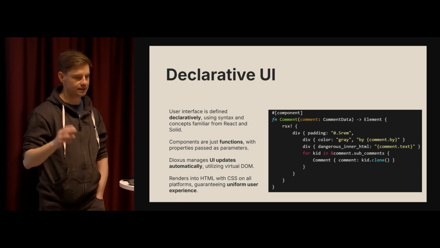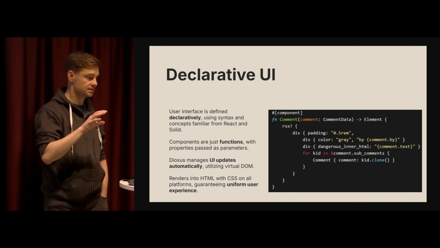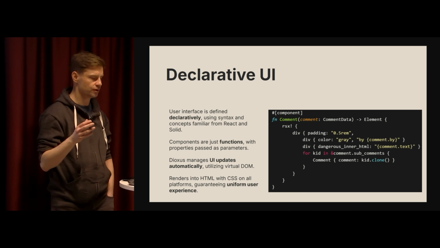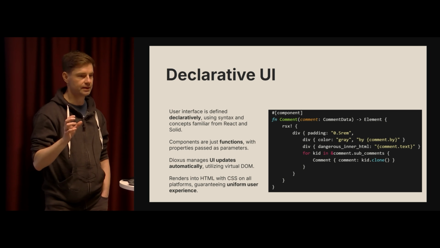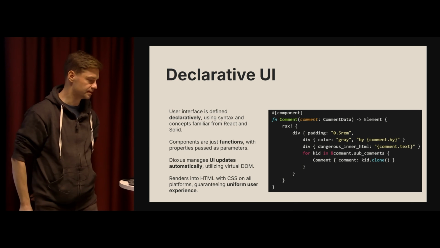It doesn't have that JSX style that looks like HTML. This is more of a Rust style syntax. There is also another library called Leptos, which is a bit more like HTML, that uses those angle brackets, but at least I don't like that kind of styling.